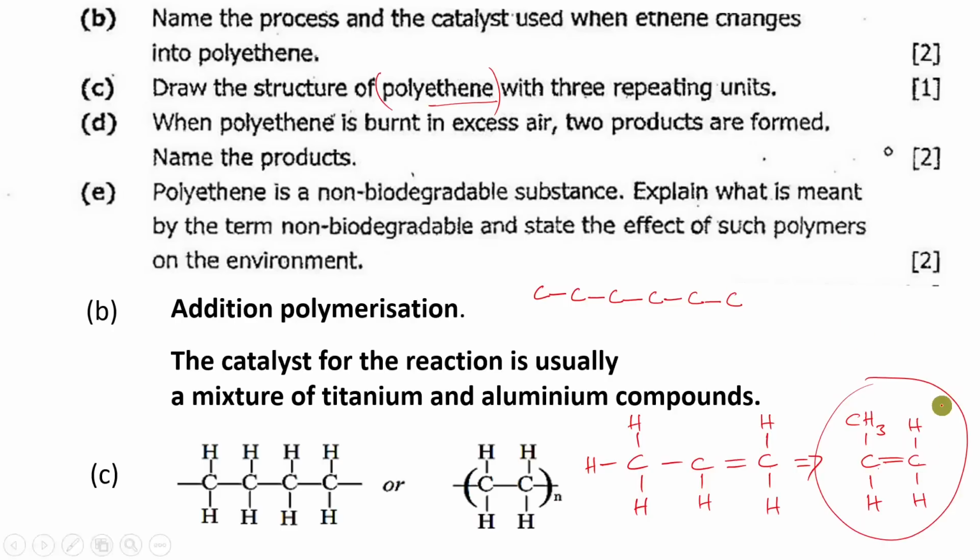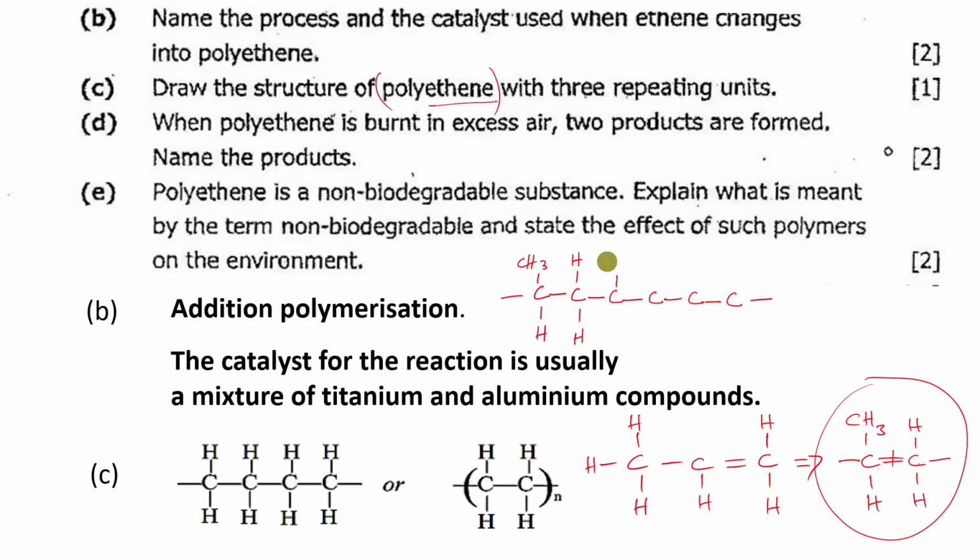So 3 units. Because this bond can go here, you break one bond here, it comes here, comes here. So this is here and here. Then you put the hydrogen and these other things on every one. So here hydrogen 1, hydrogen 1. Here you're putting CH3. Here hydrogen 1.